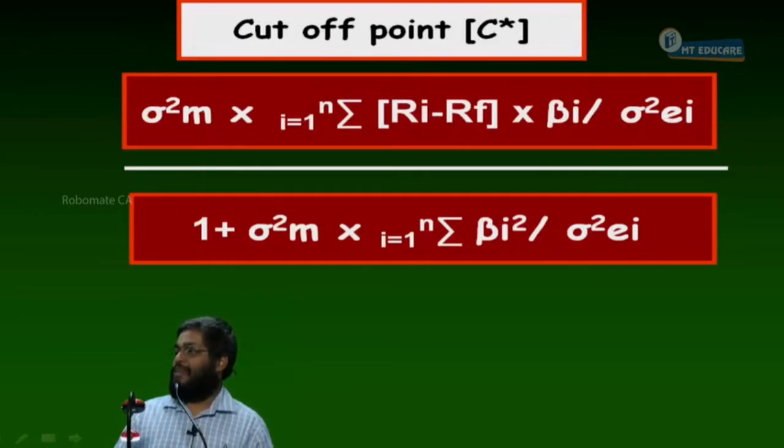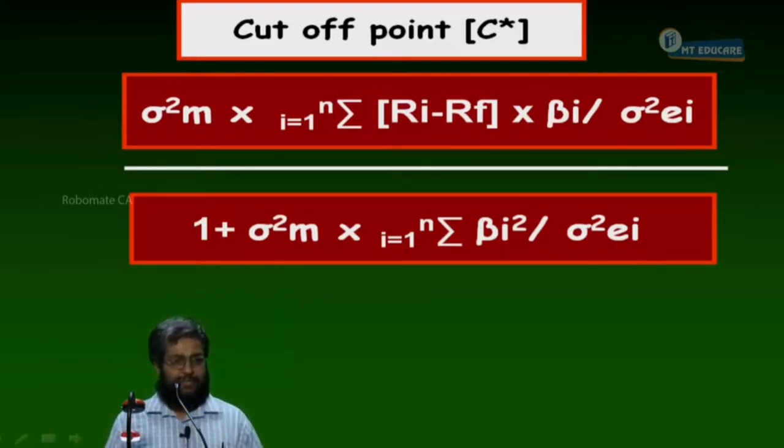Beta represents to some extent systematic risk, and this represents unsystematic risk. Divided by 1 plus variance of market into beta squared divided by unsystematic risk. That is the formula for cutoff point. We'll learn more with the numbers. Can I proceed or not?